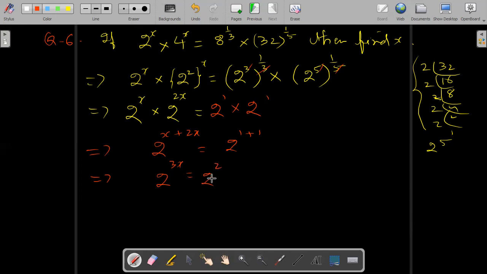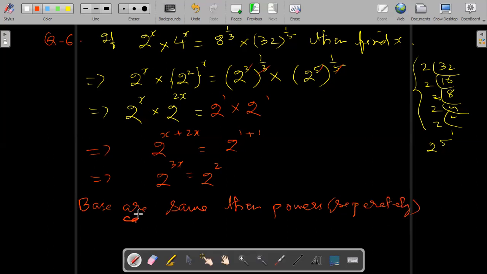Now here, if the bases on both the sides are the same, powers can be equated separately.